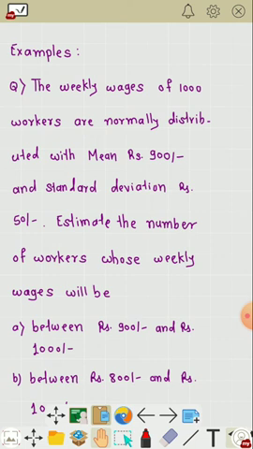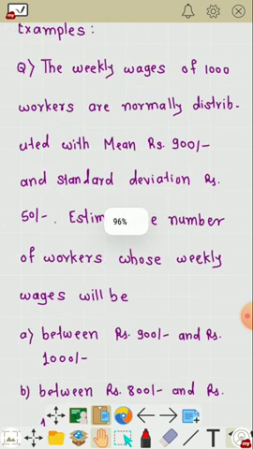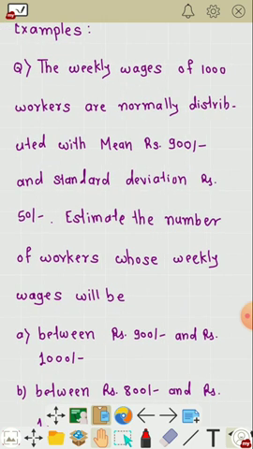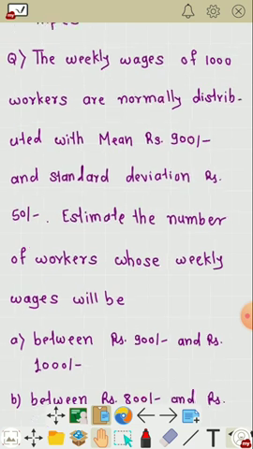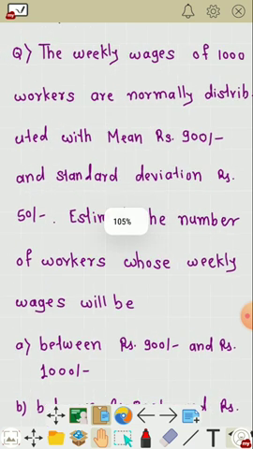Okay, so let us take one example. The weekly wages of 1000 workers are normally distributed with mean rupees 900 and standard deviation rupees 50.